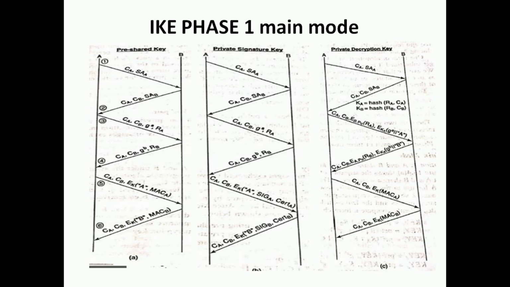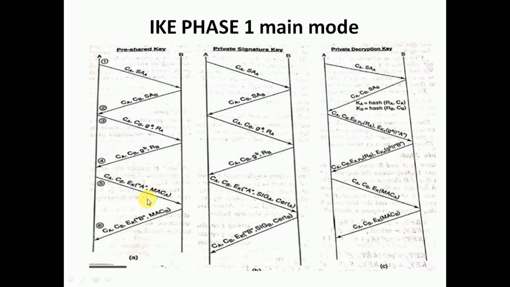The first message contains the cryptographic algorithms proposed by A for use in the IKE Security Association, in addition to the cookie, and this is denoted by SAA. Message 2 shows the cryptographic algorithms accepted by B, sent to A. Then in messages 3 and 4, both sides exchange nonces and Diffie-Hellman partial keys.